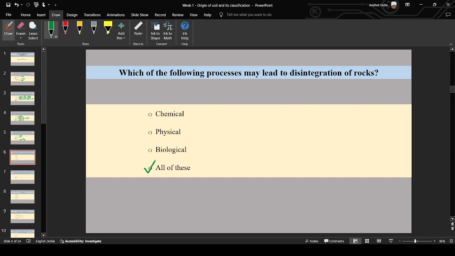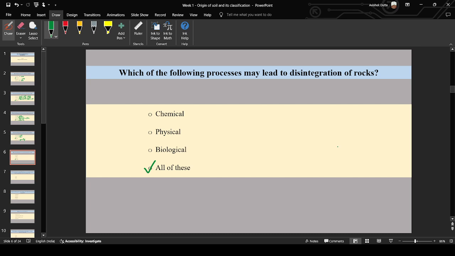It is because disintegration or weathering can be chemical. Why chemical? Because of the action of some solutions. Some geological activities might go on which may release some chemicals, some solutions, which may cause disintegration, alter the structure and the composition of rock. The disintegration can be physical also.